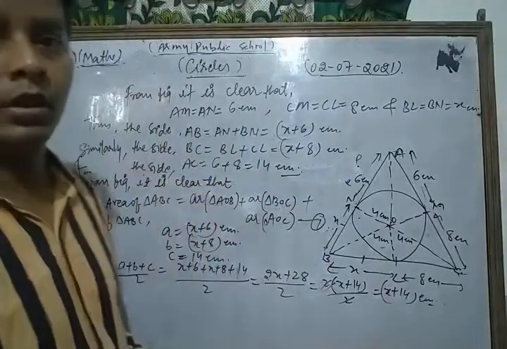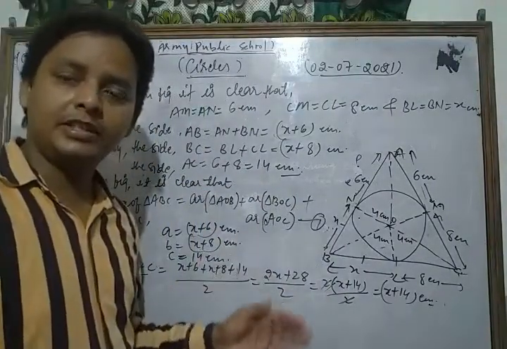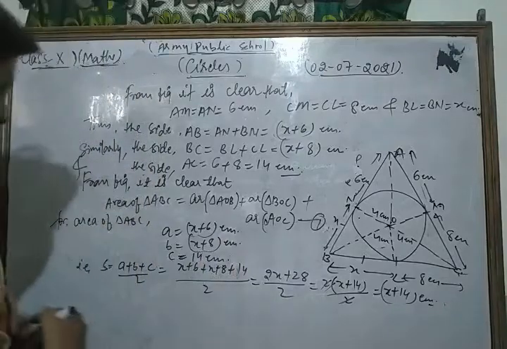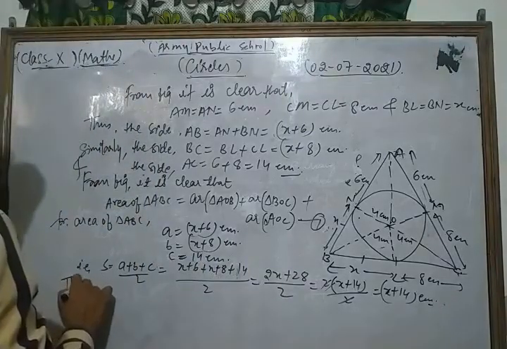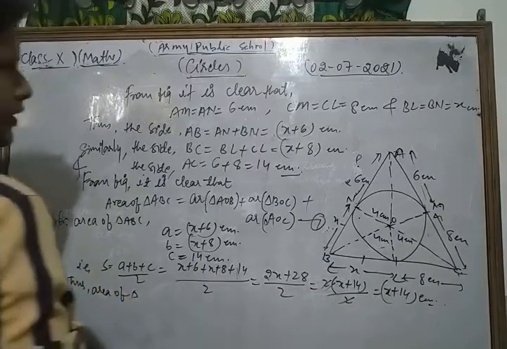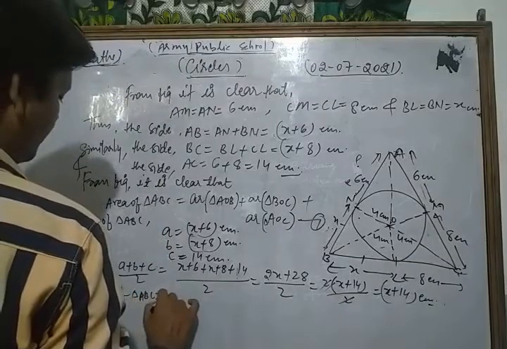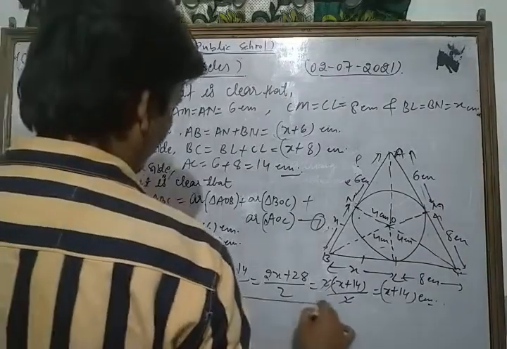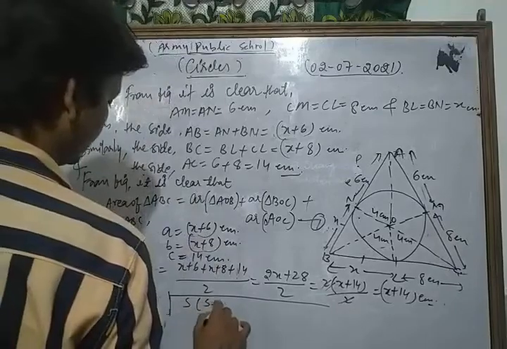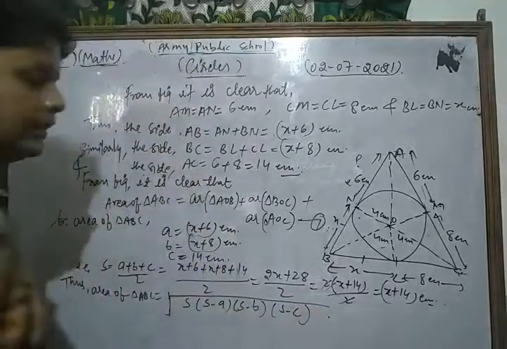Now, dear students, we find the area of triangle ABC using Heron's formula. Heron's formula is the square root of s into s minus a, s minus b and s minus c respectively.